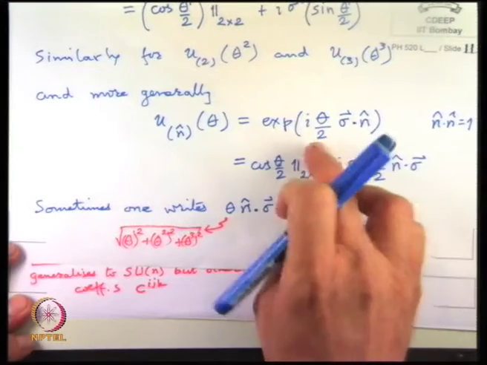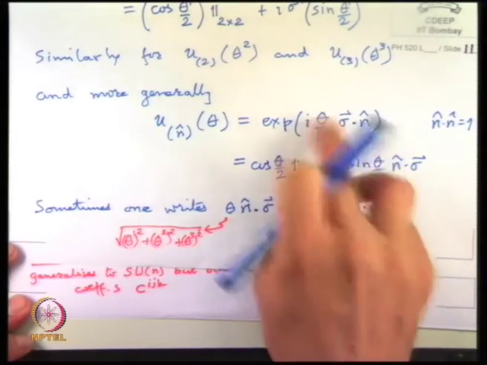So actually the half factor belongs to the sigma and not so much to theta.